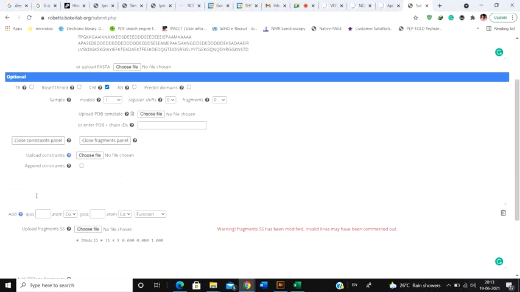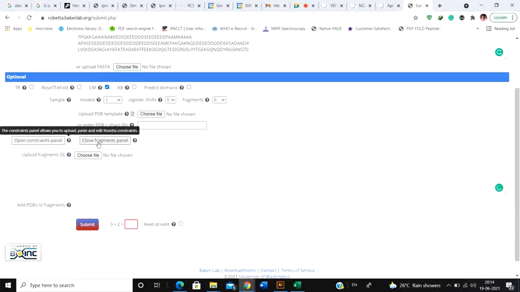If I already have this kind of information, then I can upload that particular constraint there. Because if I upload that constraint, no matter what, the server is going to predict and model the structure so as to maintain those exact contacts. If they maintain the exact same contacts, obviously the structure is going to be much better, right? So like that you can upload the entire sequence, the constraint panel or the fragment panel.